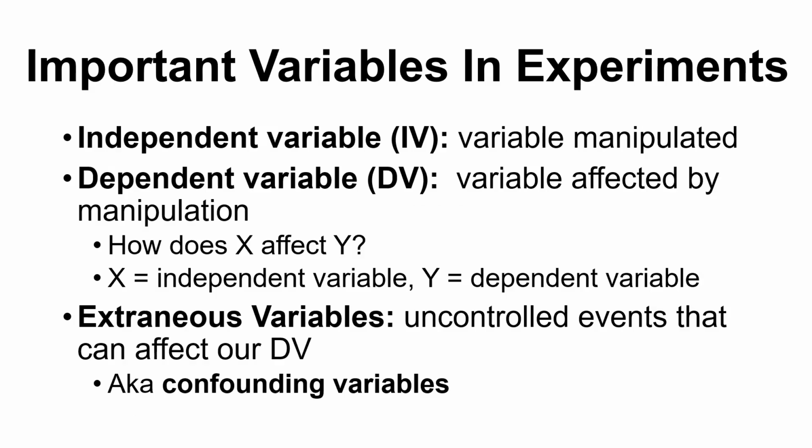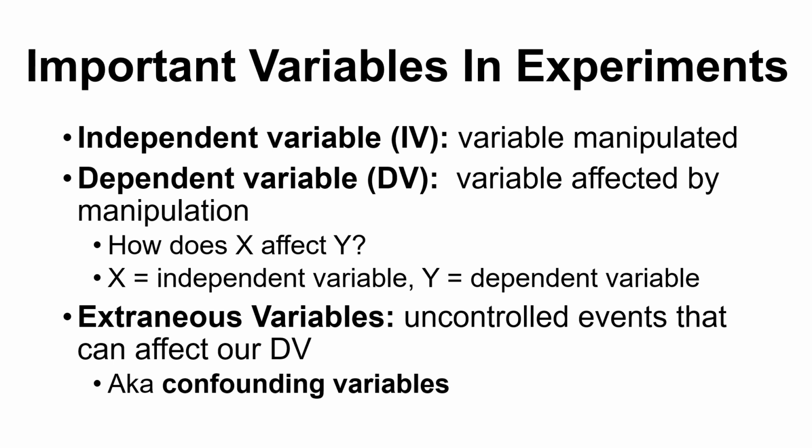As we continue talking about experiments and setting up experimental studies, we're going to want to talk about a couple of terms, and specifically a couple of kinds of variables that are very important to understand when you're doing research. So we already mentioned that a variable is any factor that can change or vary in an experiment. Our variables are the things that we're looking at.